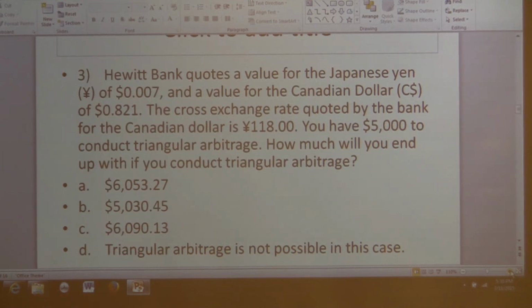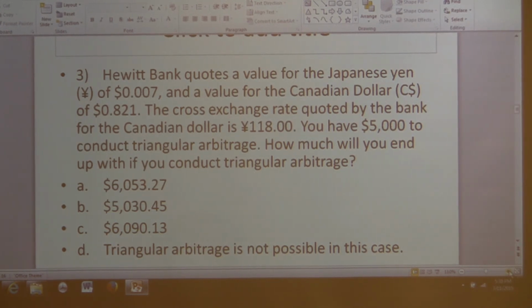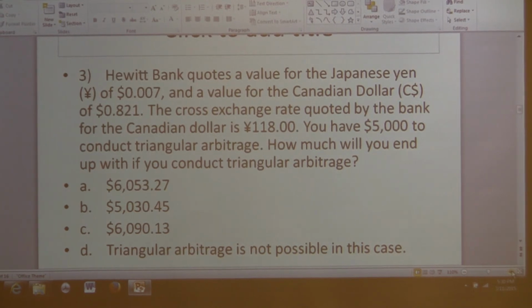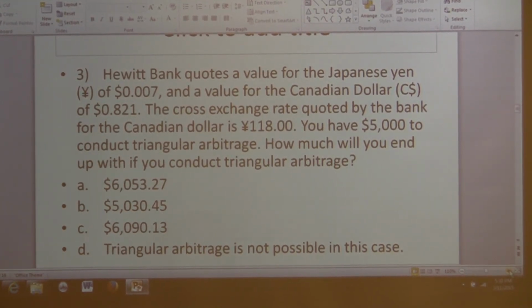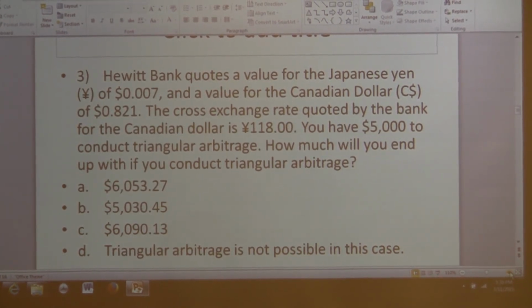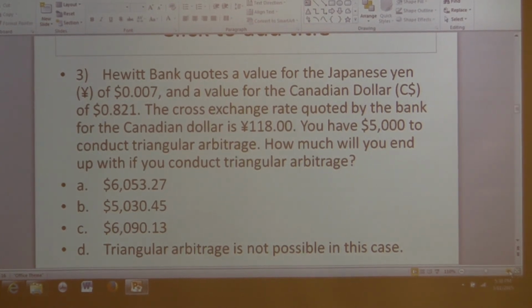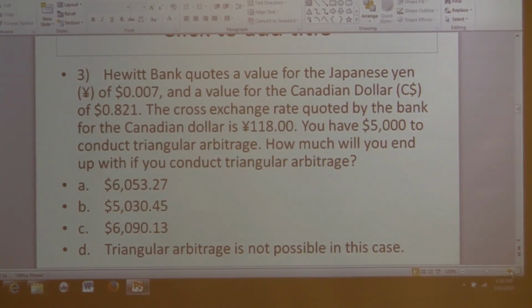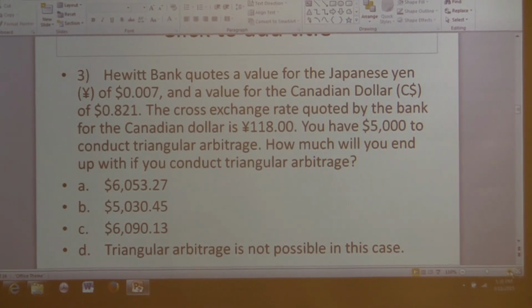Canadian dollar for yen. So that gives you 6,090.13 times, what is that? 118. Yeah? 118. So how much do you get? 718,635. Okay, so that.